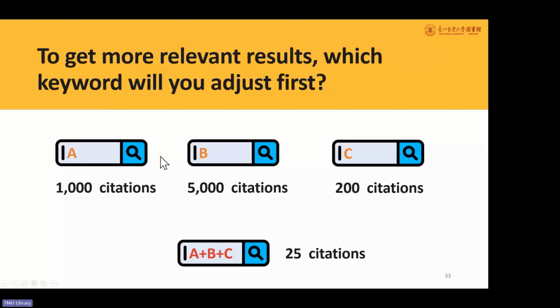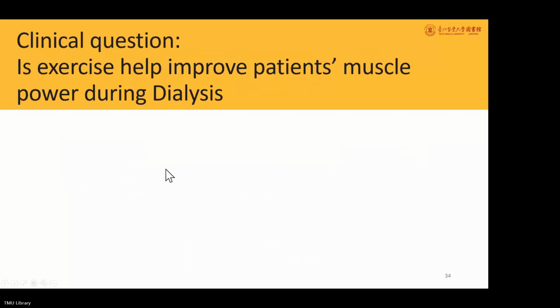If you include the outcome, the result might be a little too specific, and it is possible to lose some important articles. So maybe we can start from only P AND I.